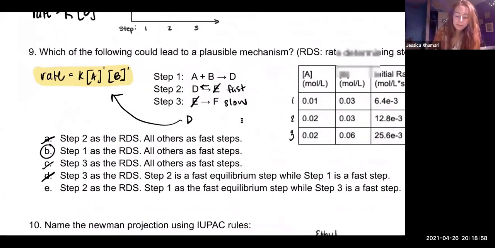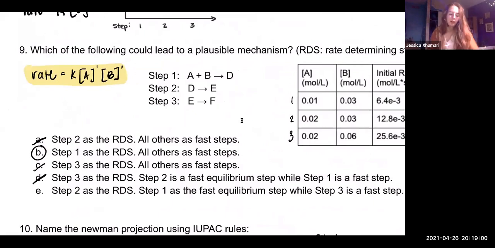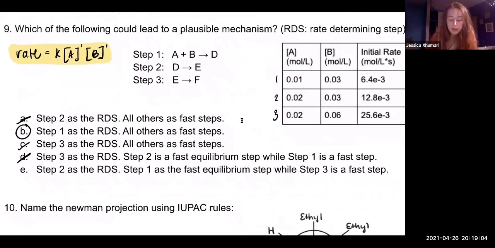And then finally, E is saying step 2 is the rate determining step and step 1 is the fast equilibrium step, while step 3 is the fast step. Okay, so if this was the slow step and this was fast equilibrium, it's also fast, but that doesn't matter if it's not in equilibrium.